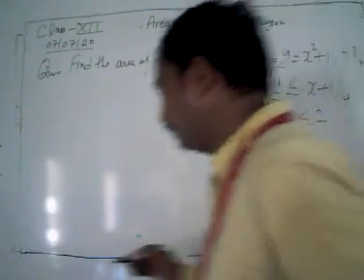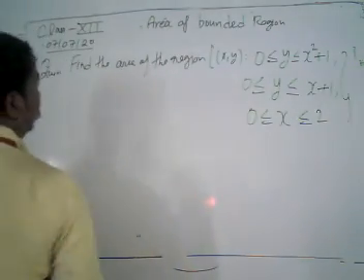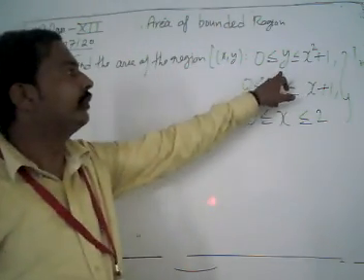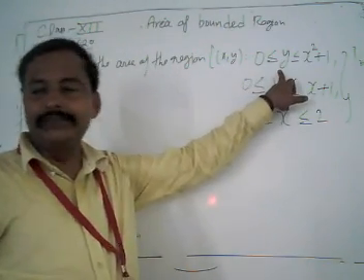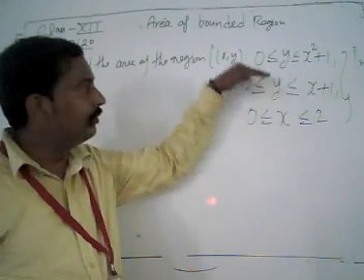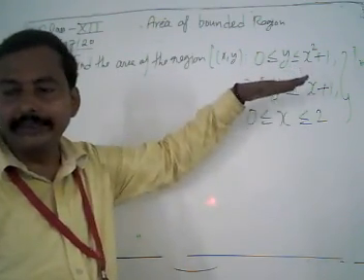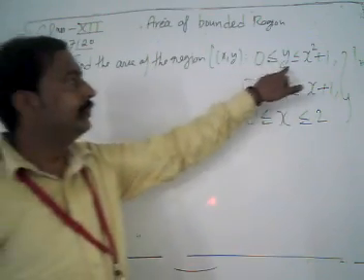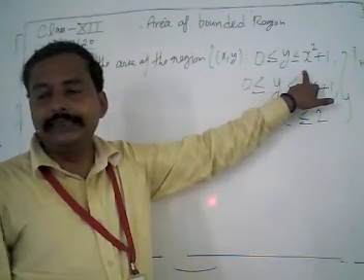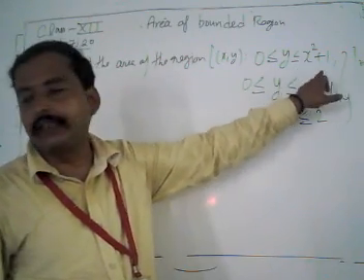Now look, we have to find the area of the region between the curves. 0 less than or equal to y, meaning y equals 0, is our x axis, and we take above the x axis. Then y less than or equal to x square plus 1 represents our parabola.